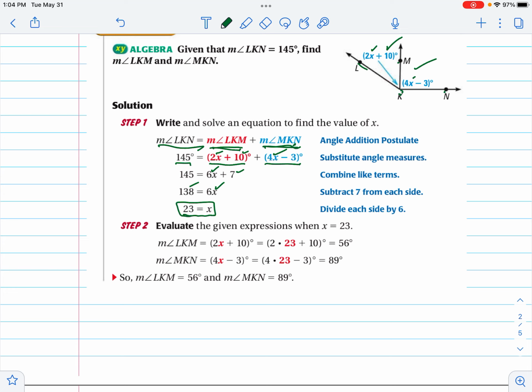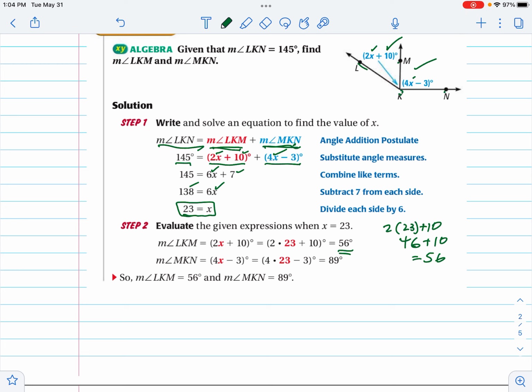Now, let's suppose we actually want to find out what those angles are. Well, we can just plug in, because, look, 2x plus 10, we just put in 23 in there. So 2 times 23 plus 10. That's 46 plus 10, which is 56.